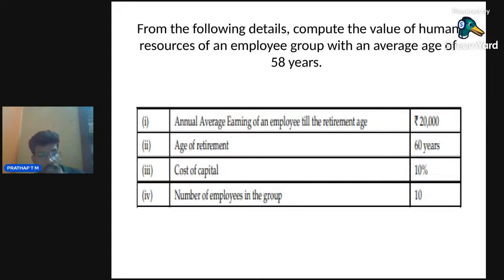Because you are not receiving the annual earnings of 75,900 from your first year. You are receiving that 75,900 after the 20th year, right? So that is why you have to deduct that. Then multiply by 0.9, and we get the value of 69,267.